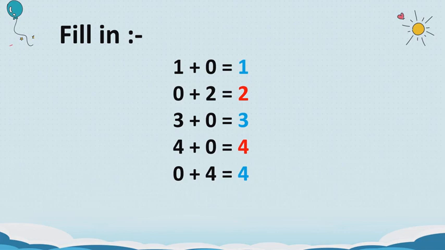Here we will apply number plus 0 is equal to the same number. 3 plus 0 is equal to 3. 4 plus 0 is equal to 4 because number plus 0 is equal to the same number. 0 plus 4 is equal to 4 because 0 plus number is also equal to the same number.